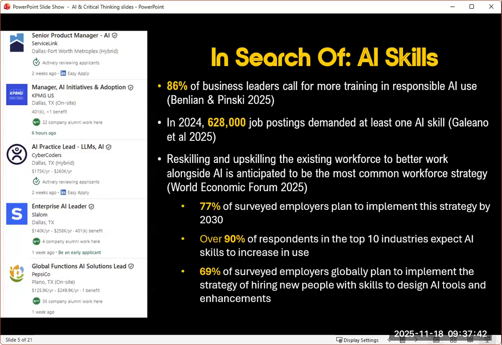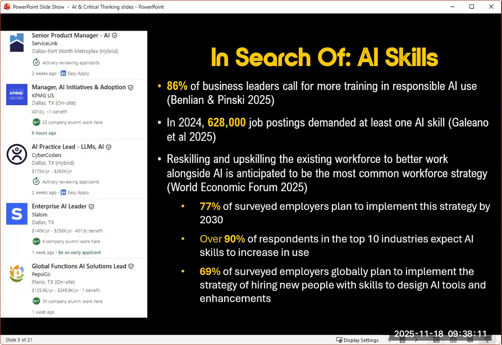So, one study tells us that 86% of business leaders are calling for more training in responsible AI use. In 2024, 628,000 job postings demanded at least one AI skill. And this image I have over here is just a quick snapshot that I took from LinkedIn from job postings that were related to AI or requiring AI skills.